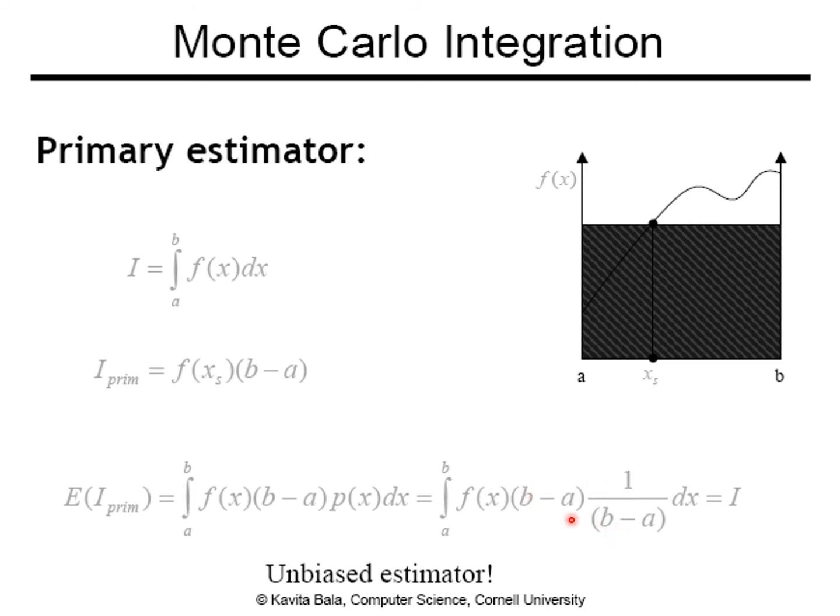Then these two terms cancel each other, and in the end this is nothing but the original integral that we want to compute. That's why we define the primary estimator as f of x divided by p of x. Again, on average, our simple primary estimator for the Monte Carlo integration is also an unbiased estimator.